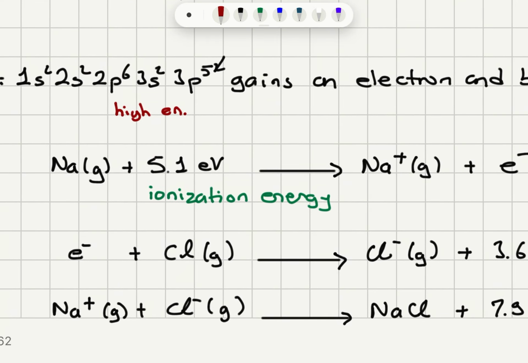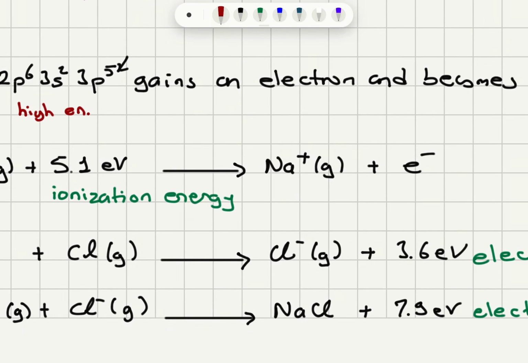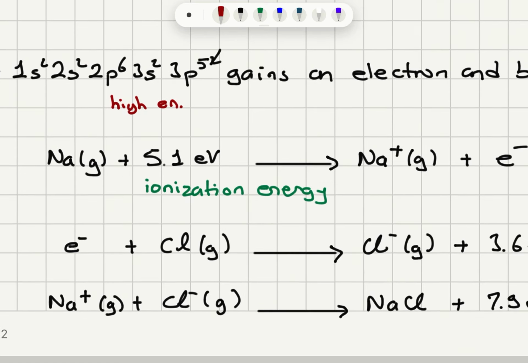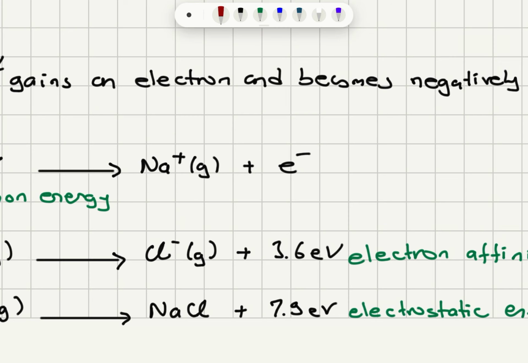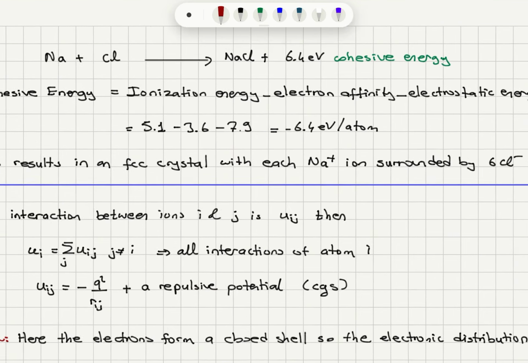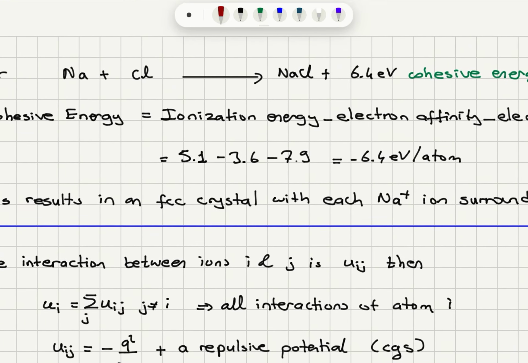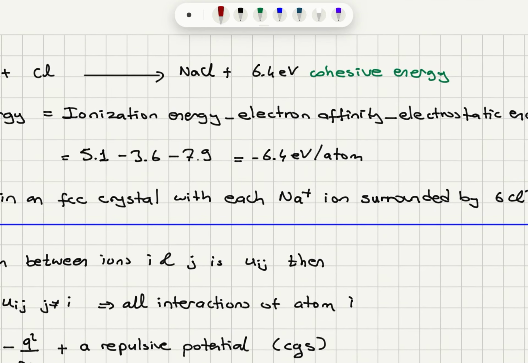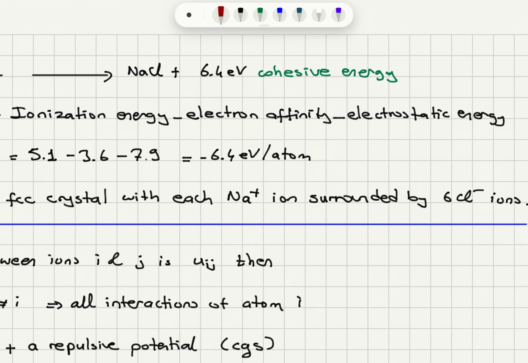On the other hand, we can look at this process between sodium plus and chlorine minus to form the sodium chloride structure. Sodium plus and chlorine minus will form the sodium chloride compound, and 7.9 electron volts of electrostatic energy is released in the process. We can summarize the overall reaction as neutral sodium and chlorine coming together to form sodium chloride with a net energy released of 6.4 electron volts.